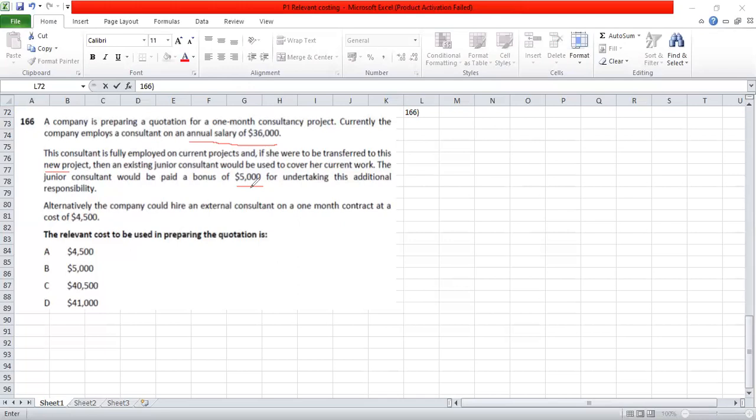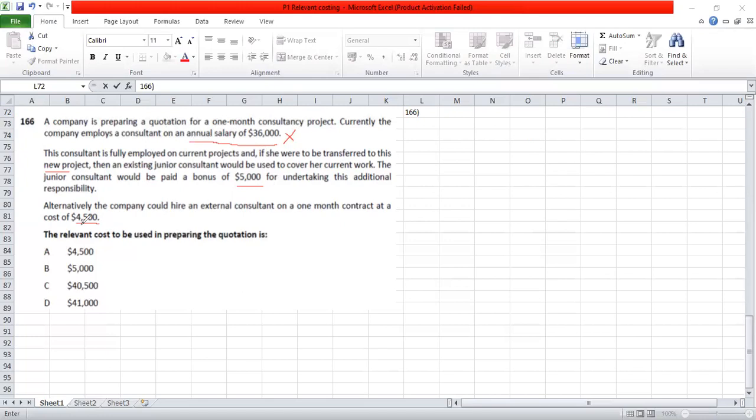The company could hire an external consultant, who will be paid a fee of 4,500. The salary is irrelevant for decision making, as it is already implied. The consultant moved to a new project is paid a bonus of 5,000, versus appointing an external consultant to take up the work of the new project and paying 4,500.